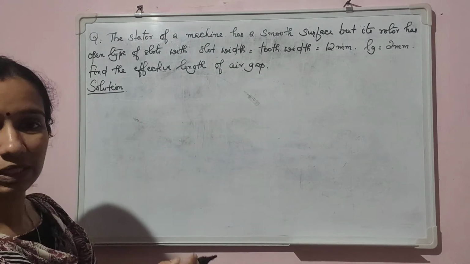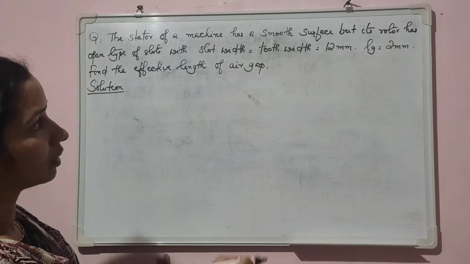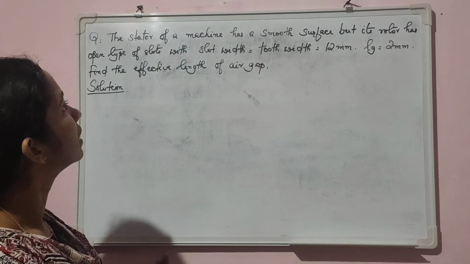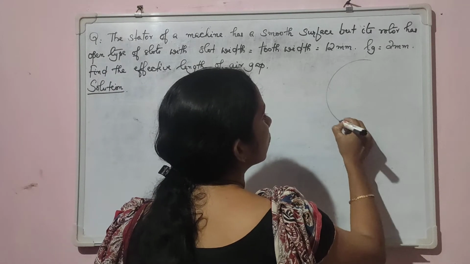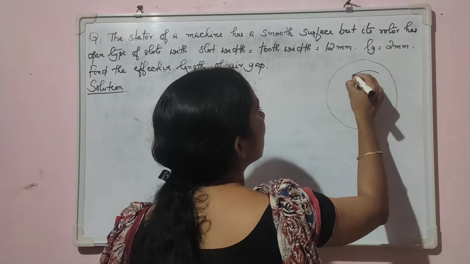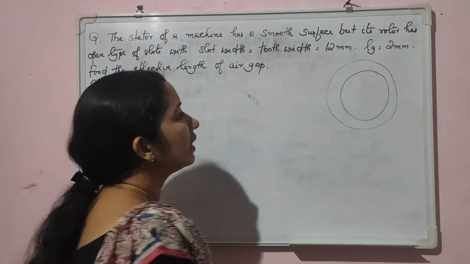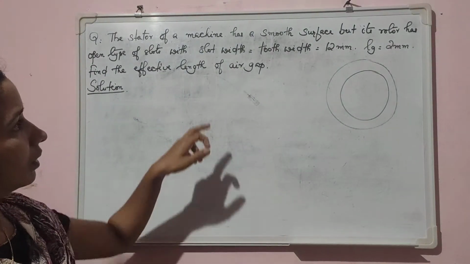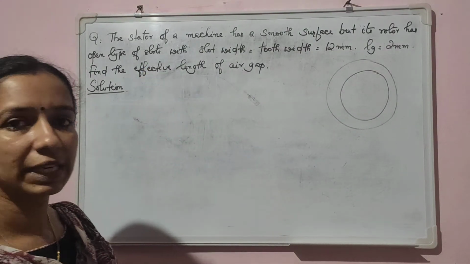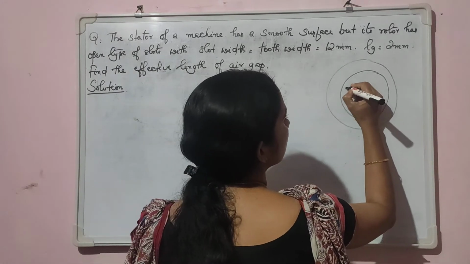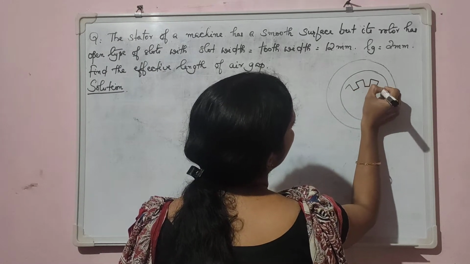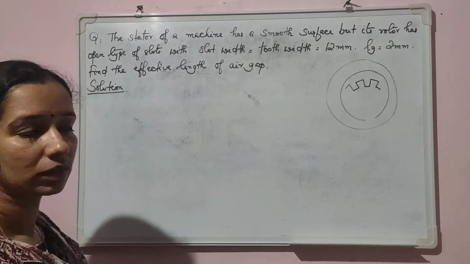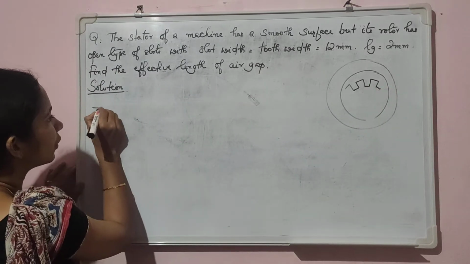So let us draw just an outline of the machine. The machine is having a smooth stator. So the stator can be drawn like this, and its rotor is having open type of slots. So rotor will be like this.